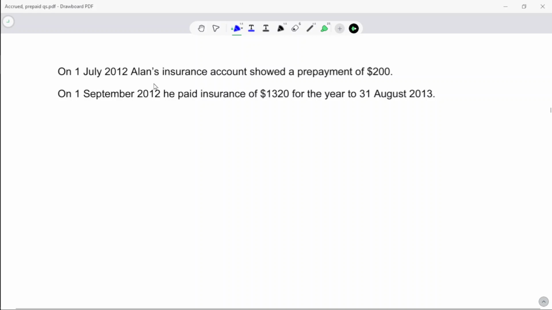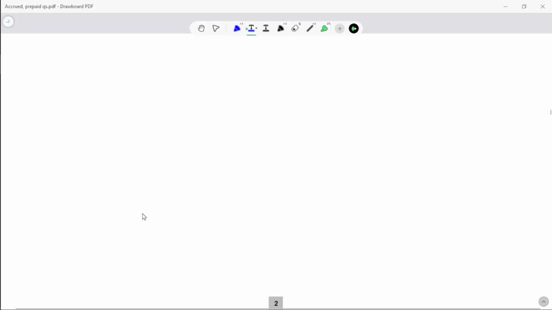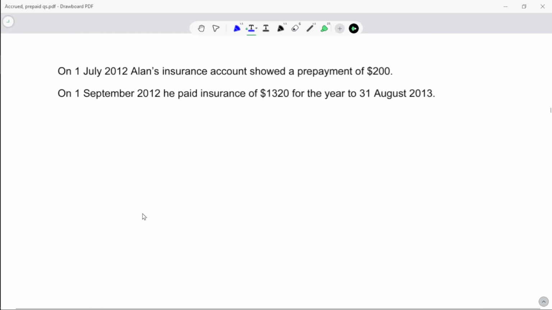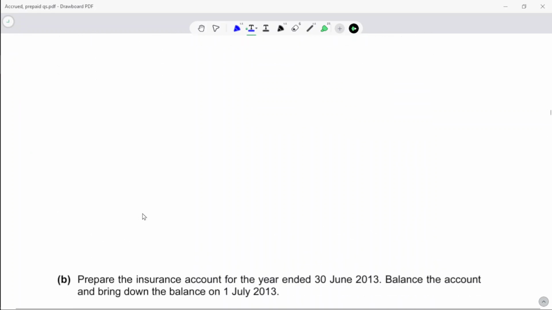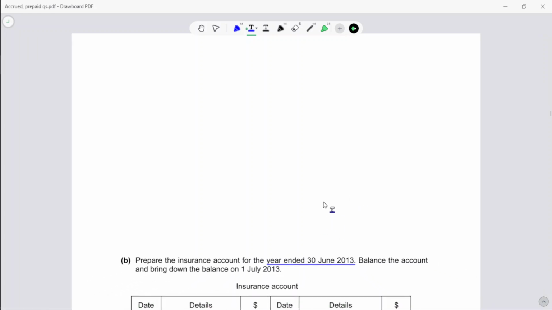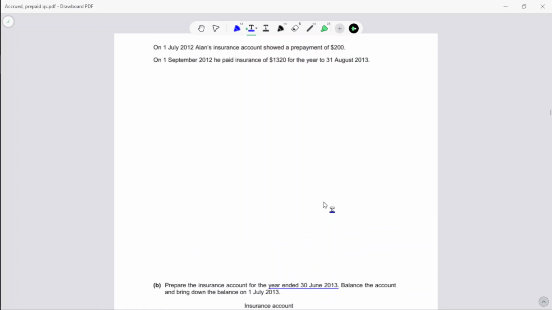First thing first, year end. Let me draw a timeline.